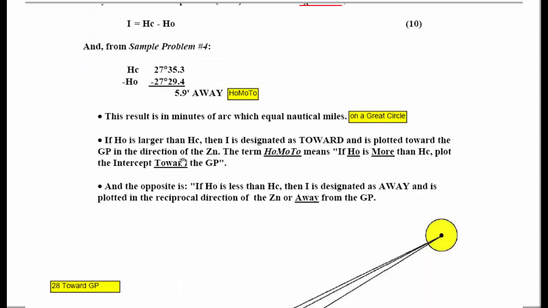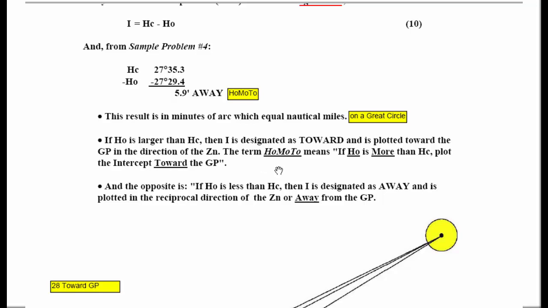Okay? So let's read this. This results in minutes of arc which equal nautical miles, since we're on a great circle. If HO is larger than HC, then I is designated as toward the GP, and is plotted towards the GP in the direction of the ZN.